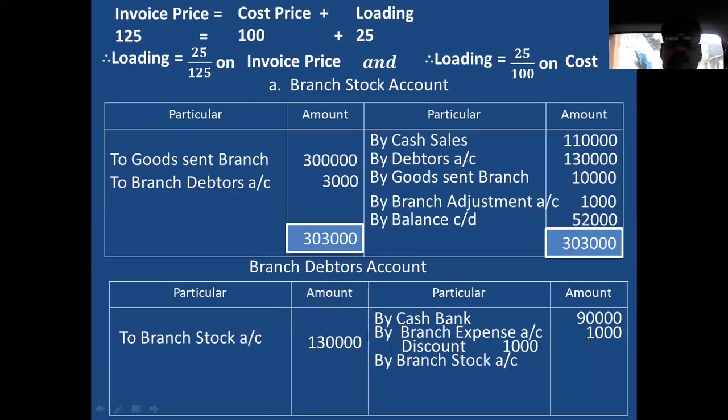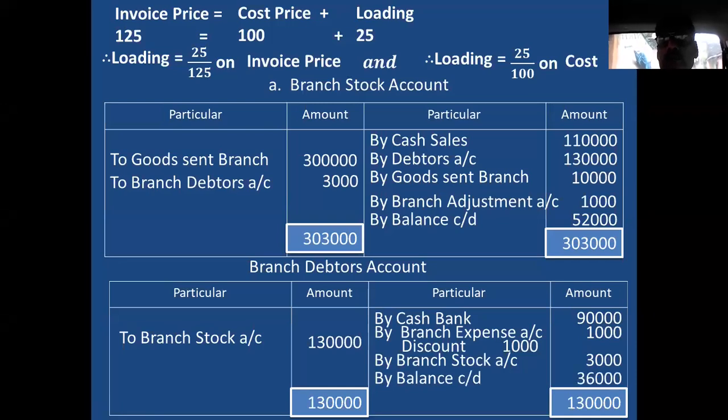Then that amount is 3,000. Then you close the account and ascertain the balance. Total is 1,30,000. By balance carried down is 36,000.